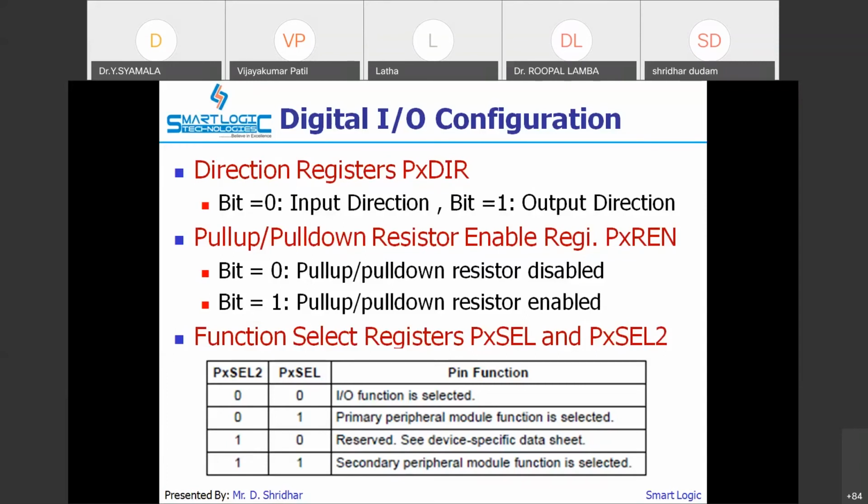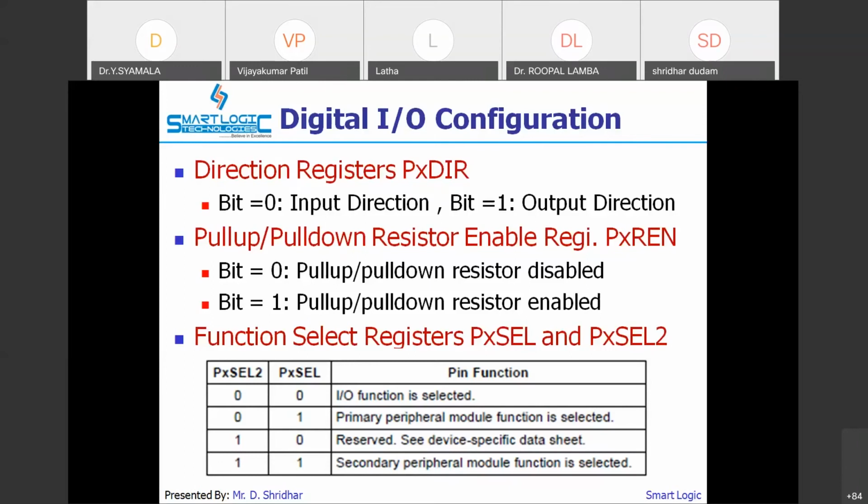So it may act as a GPIO, as a first alternative function, or as a second alternative function. Using the pin select registers, you can configure that port pin as a GPIO pin or as a first or second alternative function. That is how you select it.